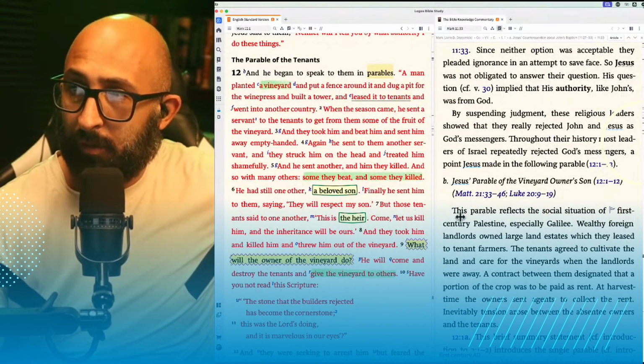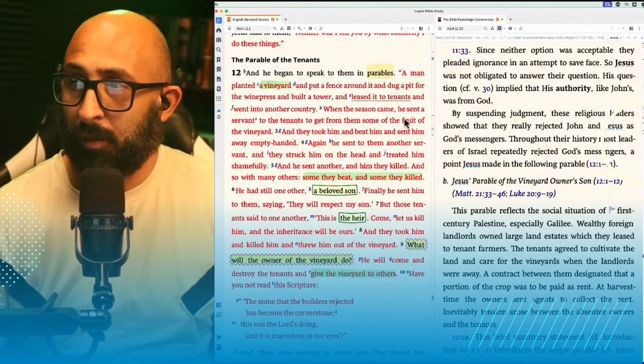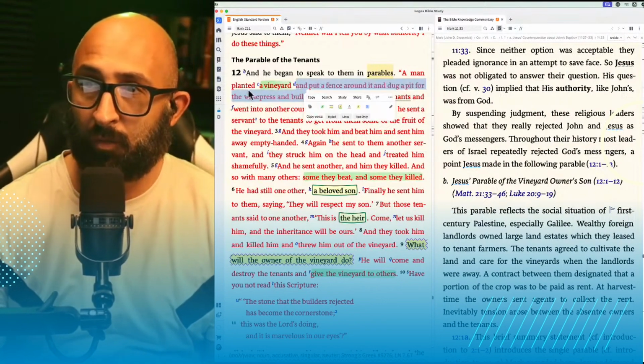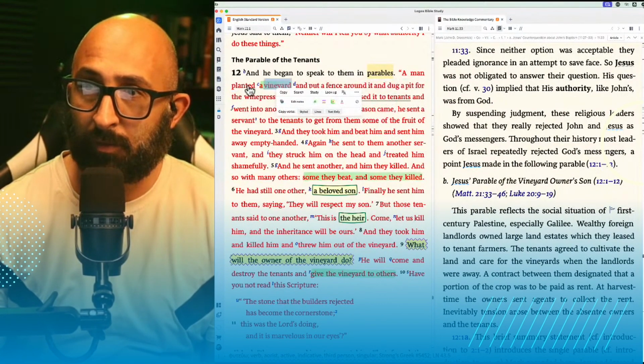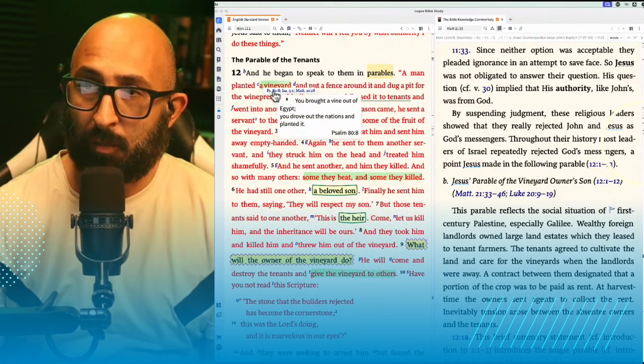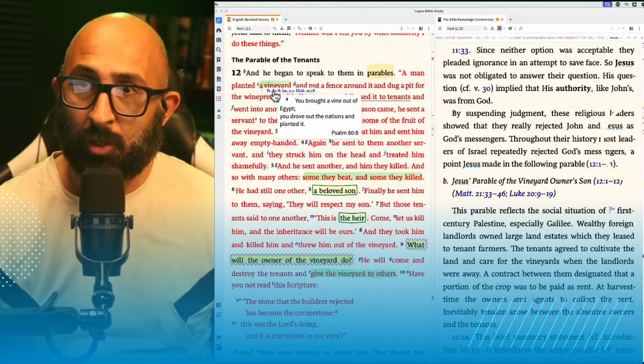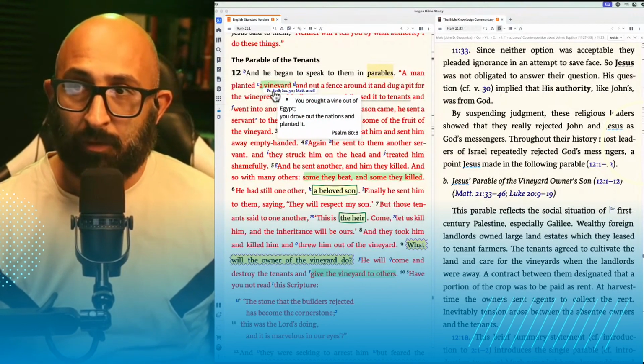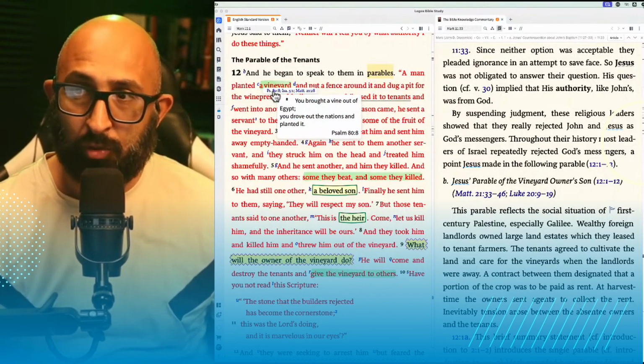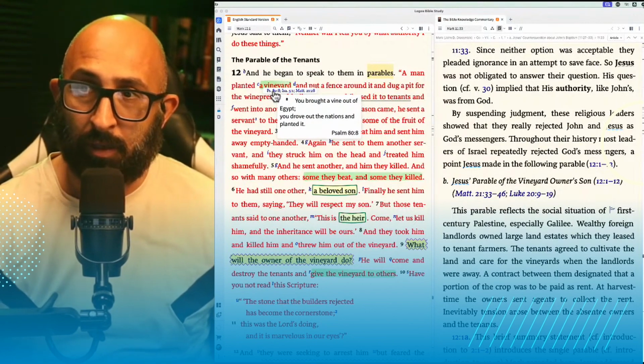I'm not going to go into much detail here, but I'll tell you this, that actually there's a good cross-reference here. There's multiple passages in the Old Testament where Israel is referred to as the vineyard. So, Psalm 88, you brought a vine out of Egypt. You drove out the nations and planted it.